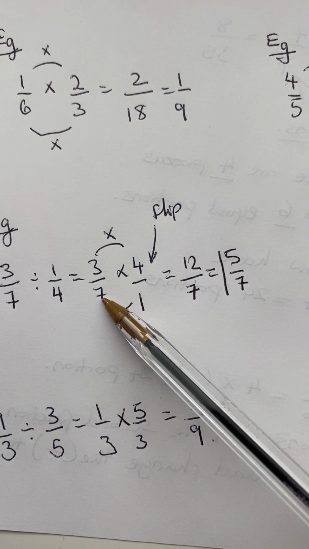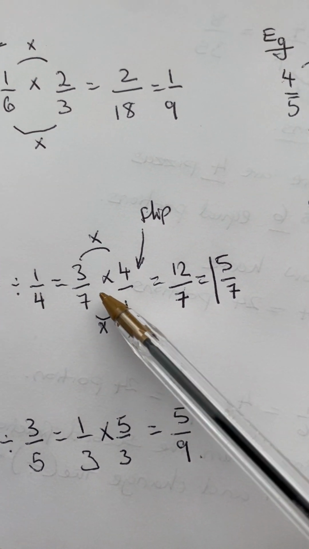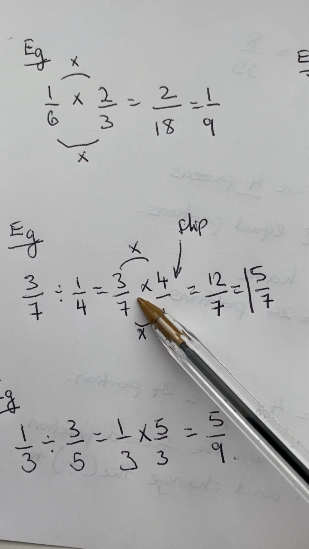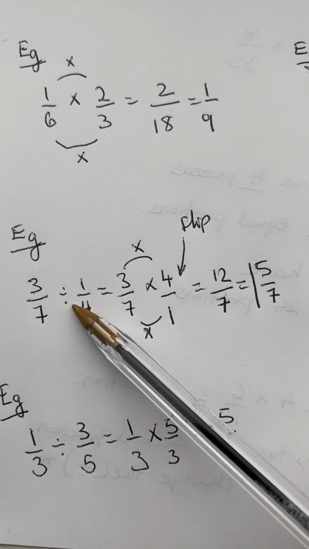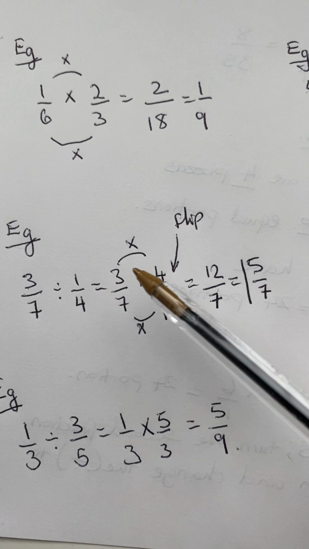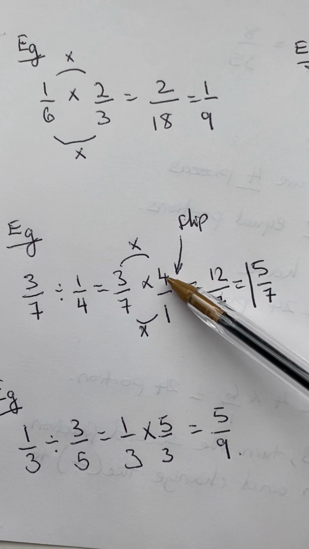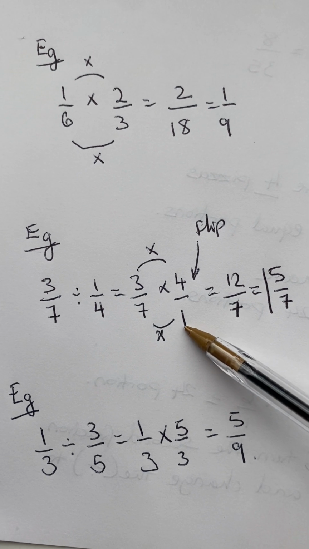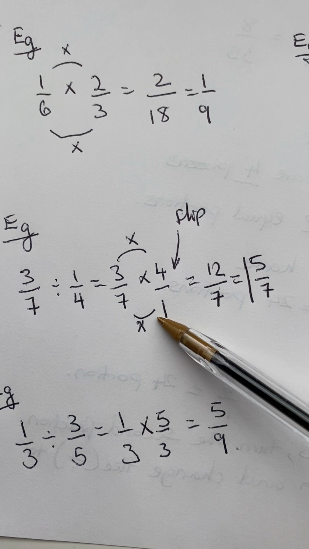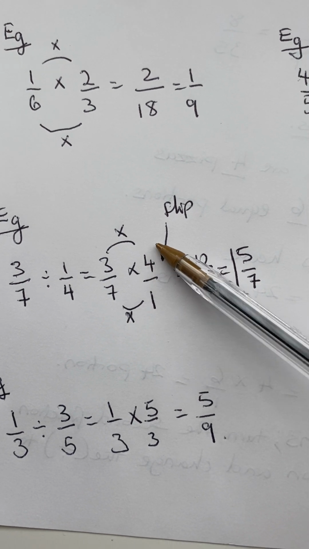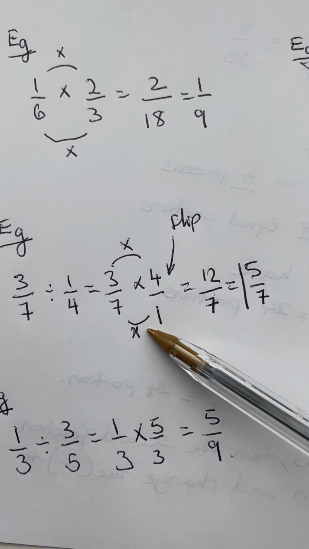Then we change the division to a multiplying sign, and then we flip the second fraction. So when you flip 1 over 4, you are going to get 4 over 1. Now we can multiply.